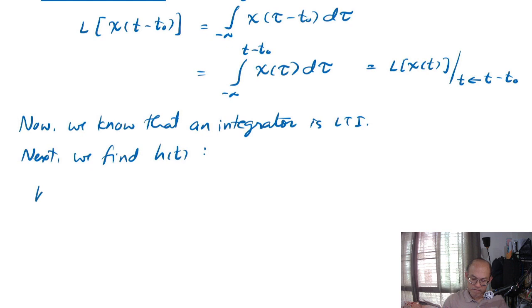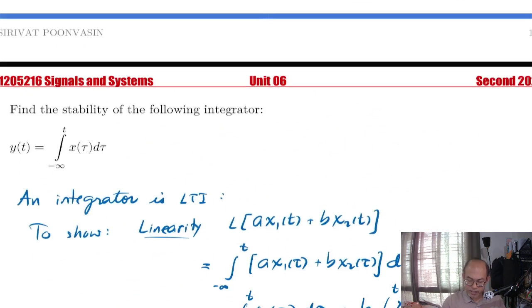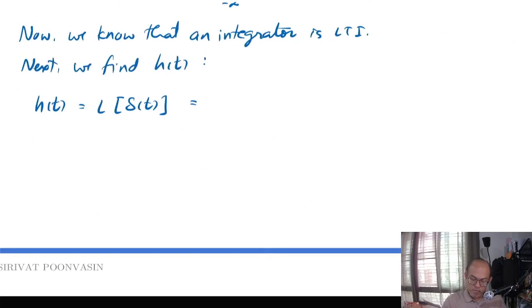Now from the definition, the impulse response is the response where the input is the unit impulse. So we can simply plug the unit impulse into the integrator, right? And that is the integral from minus infinity to t of delta(tau) d tau, and we know that this integral is u(t).